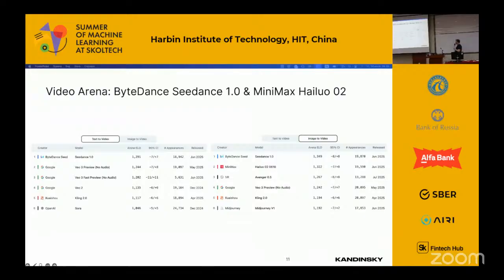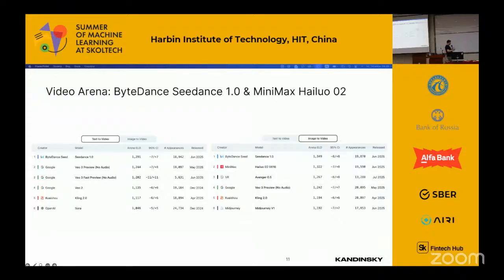And you can see that there are at least three models from China, actually. It's great for China, I think. That is better than Veo 3, for example, in the image to video task. I mean, you have an initial start frame and generate a video.